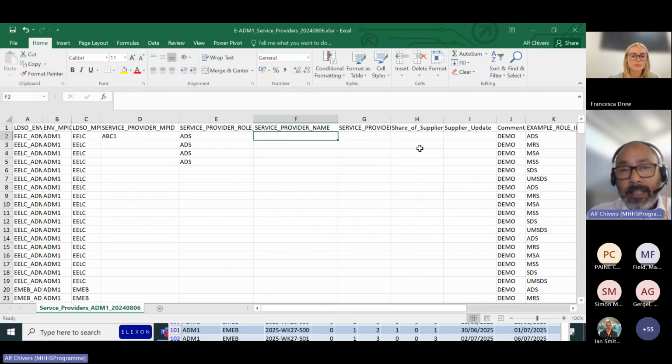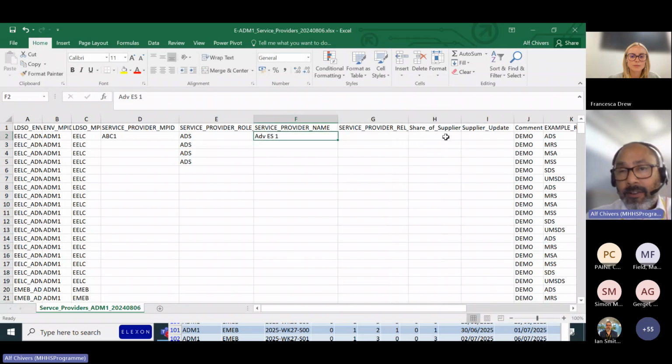So this is Advanced Energy Services 1, for instance. That's the name, and that's important for us to try and aggregate under. And as per the guide, we're saying this is an external data service provider, and then we give the share of the portfolio. So let me fill these ones in. So this is super service provider 1, next gen.